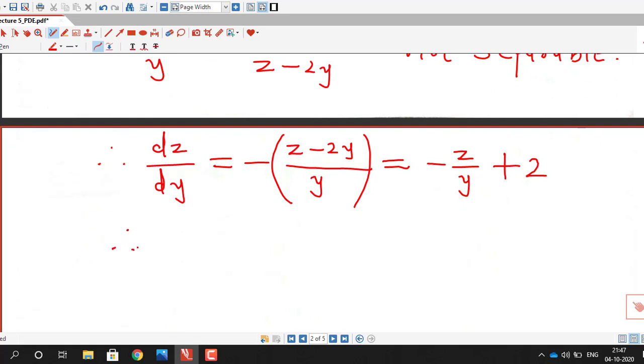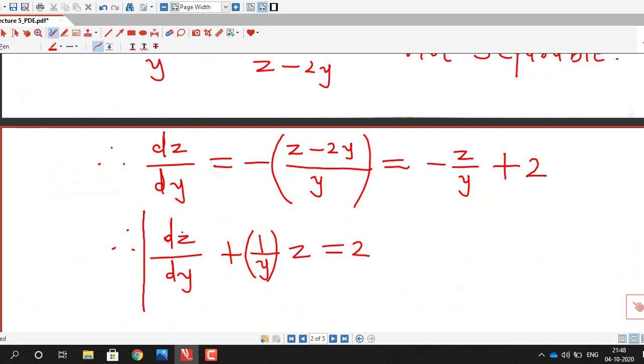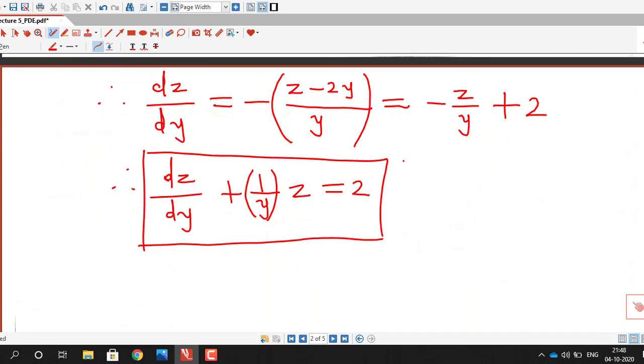This I rewrite again as dz by dy plus 1 by y into z equal to 2. So this equation is a first order ordinary differential equation which is linear in z and y, with z as the dependent variable.